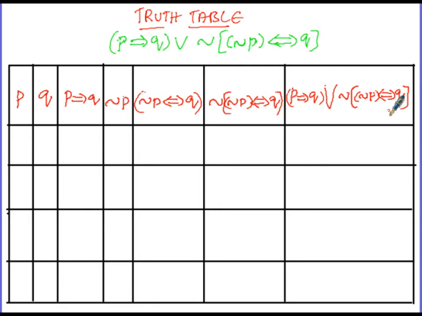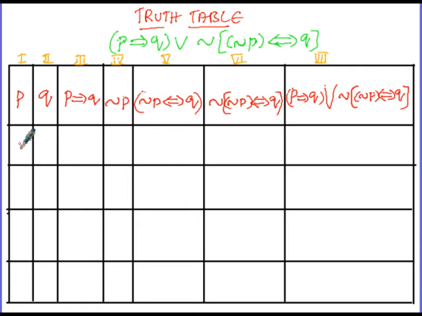Then now here let us denote the columns. So here this is our first column, the second one, this is the third column, this is the fourth one, this is the sixth one, and this is the last column as the seventh one. Then now, so here I have assumed two statements. When we assume a single statement it may be either true or false, but here we have assumed two statements. So here there are four possibilities.